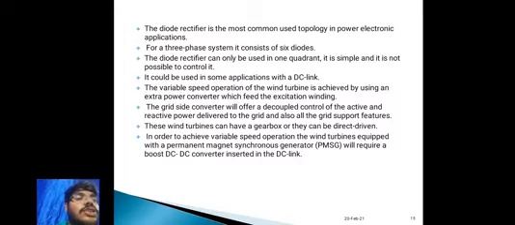In order to achieve variable speed operation, a wind turbine equipped with a permanent magnet synchronous generator will require a boost DC to DC converter instead of the DC link. That means a boost converter, or boost chopper, is used in the permanent magnet synchronous generator.